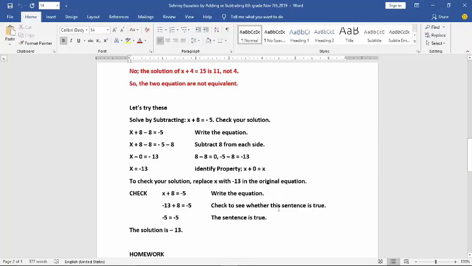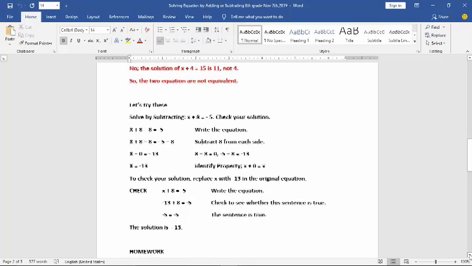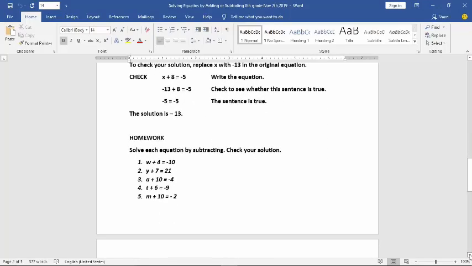Check to see whether this sentence is true. Negative 13 plus 8 is negative 5. Is it equal to negative 5? Of course. So the sentence is true. The solution is negative 13. So it's correct. Please, any questions, let me know.